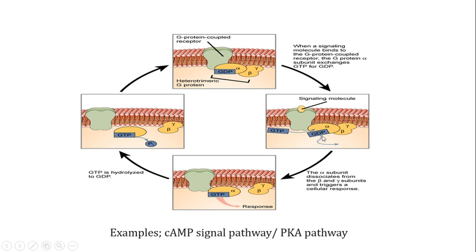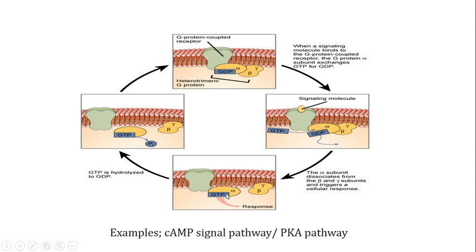Another important thing that is happening, if you can see over here, is that when the alpha subunit binds to the GTP, it gets separated from the beta and the gamma subunit. And when this alpha subunit is in the GTP-bound form, it is actually going to generate a cellular response. So when the cellular response is over, the cell has performed its desired response.